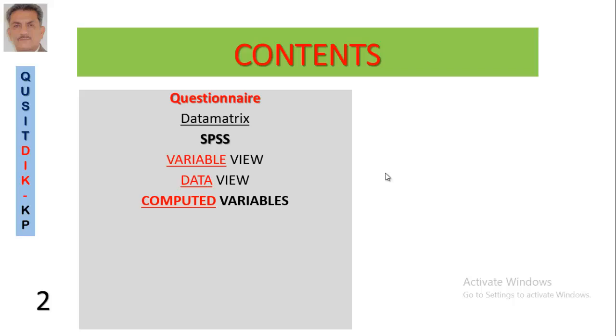Computed variable simply means that in analysis we use variables only. Analyses are performed on variables, not their attributes. So, as we have said before, in the data matrix we place every question separately in a separate column.